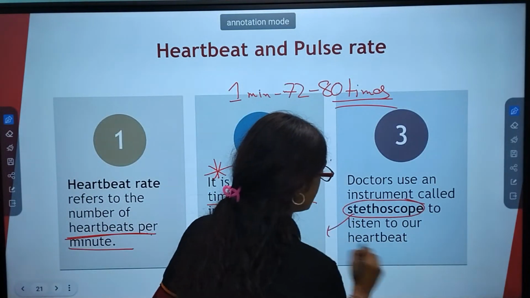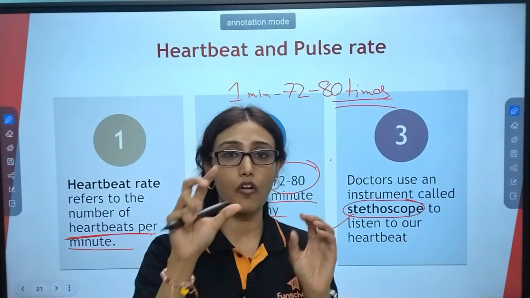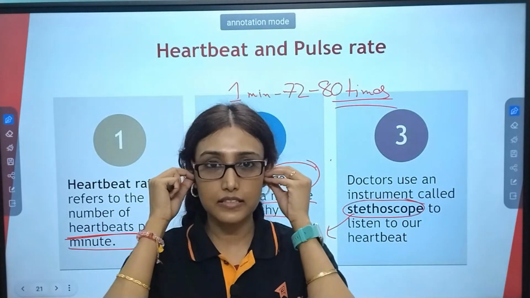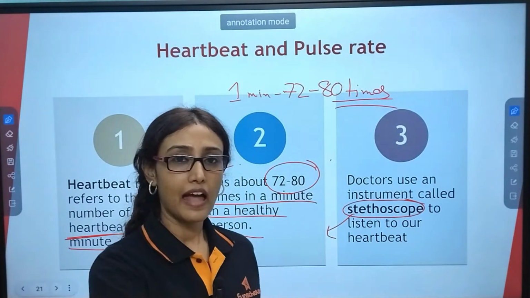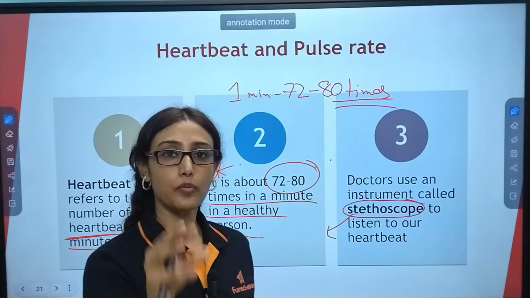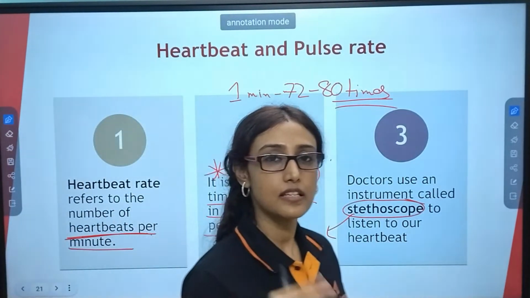This you have seen whenever you have visited a doctor. Doctors often put a black colored thing in their ear, and they have a disc-like structure, and they ask you to breathe in and breathe out. Then they see what is happening in your lungs, inside your chest, right?